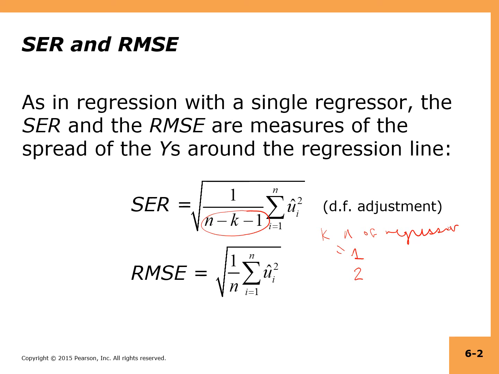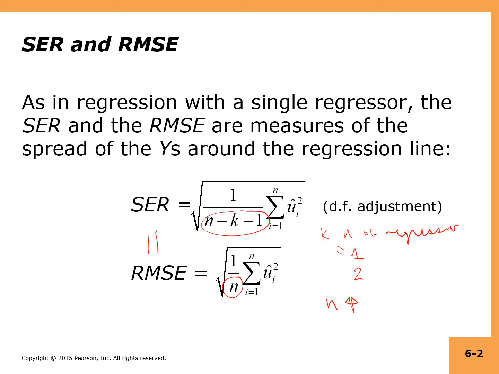When the sample size is really large, meaning when n becomes really large, then SER and RMSE become similar or almost the same. That's because whether you divide by n minus k minus 1 or by just n, when the sample size is really, really large, it doesn't make a difference.